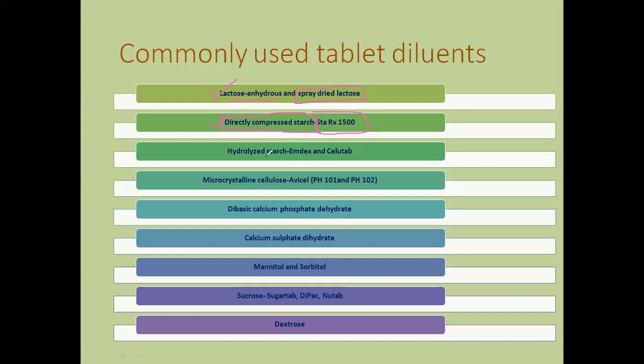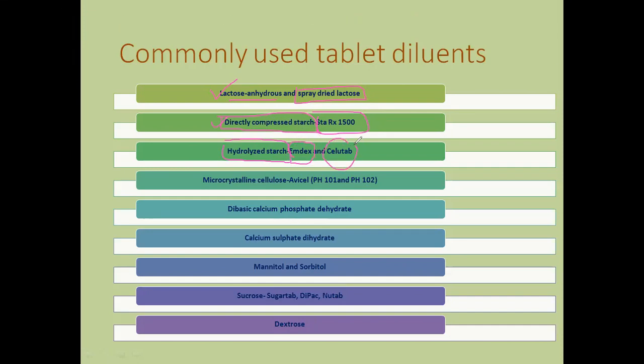Then we have a different class of diluents called hydrolyzed starch. Again they are from the carbohydrate category, where we have two brand names which are used largely. One is Emdex, and the second one is Cellutab.